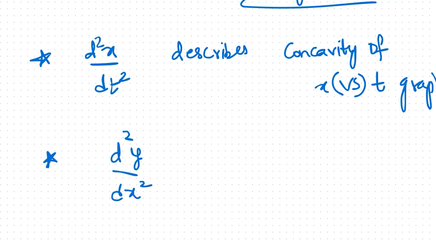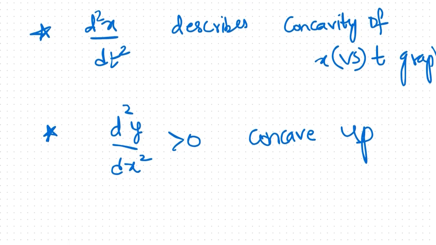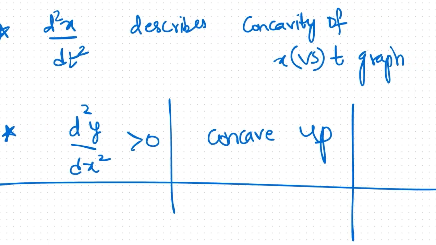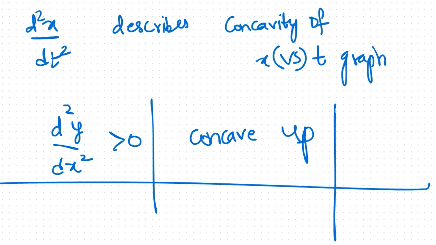For concave up, the graph is like a U, a ball. It will be like this. So this is for d2y upon dx square positive.